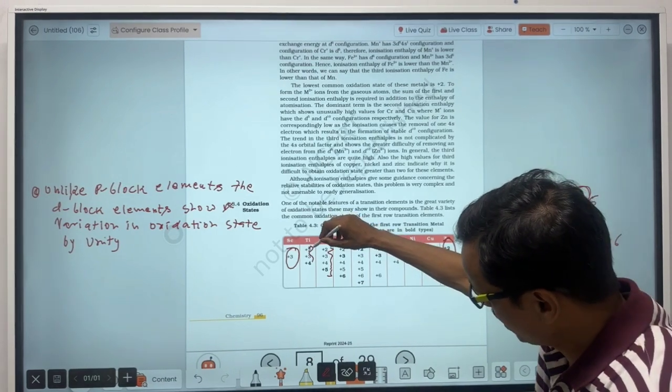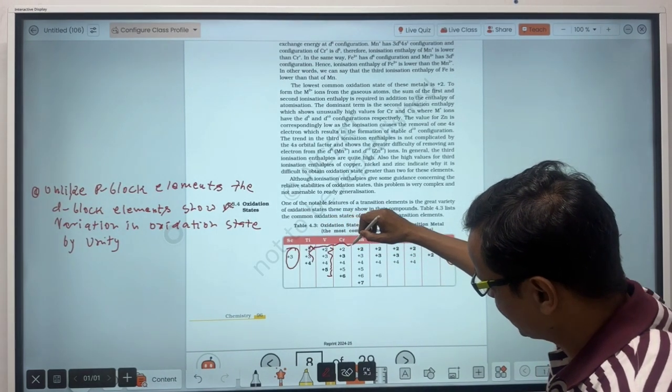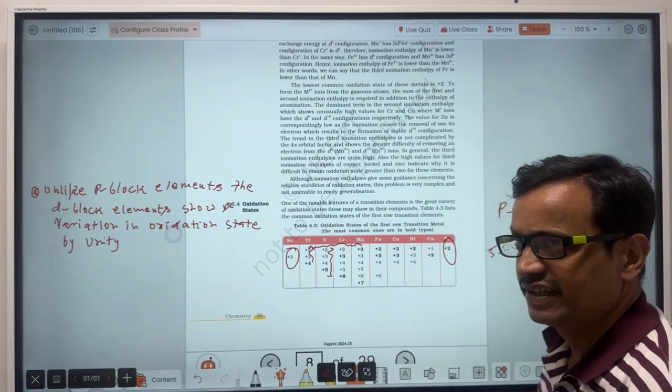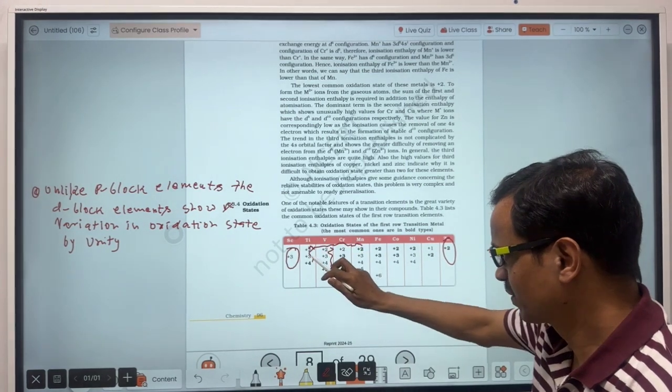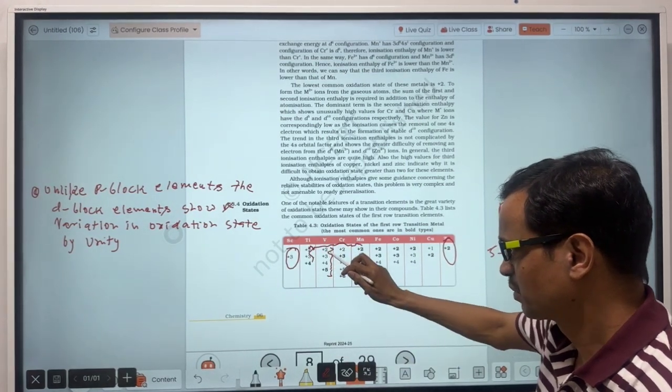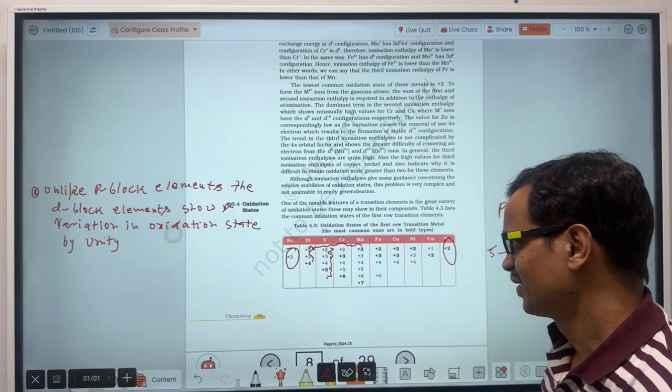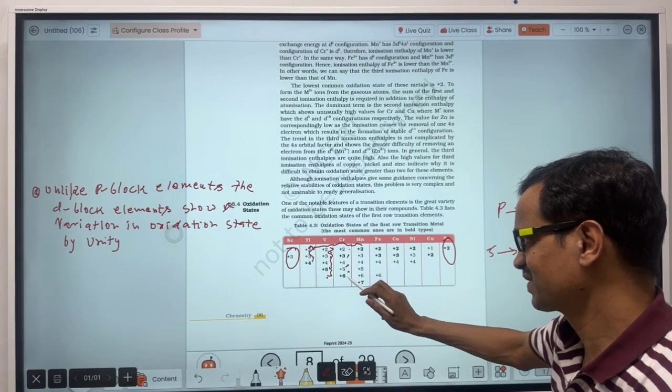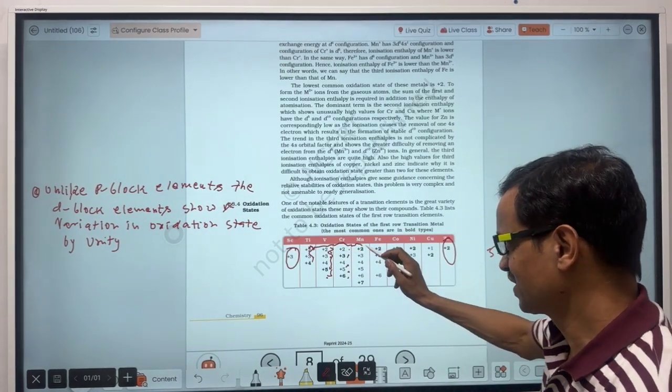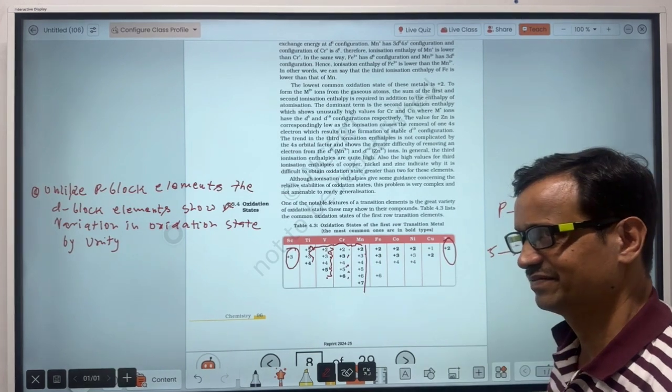Then after that, the number of oxidation states shown by the transition elements increases, like titanium shows +2, +3, +4, vanadium +2, +3, +4 and +5, chromium +2 to +6, and manganese +2 to +7.